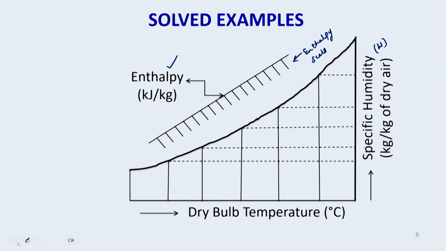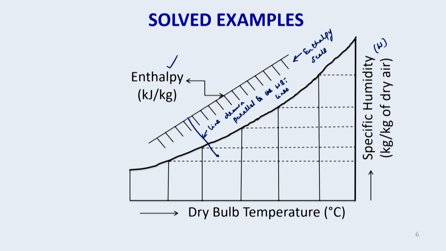If the point is coming here, one can draw the line at any angle, but that will not give the correct value of enthalpy. So from here the line has to be drawn parallel to the wet bulb temperature lines.